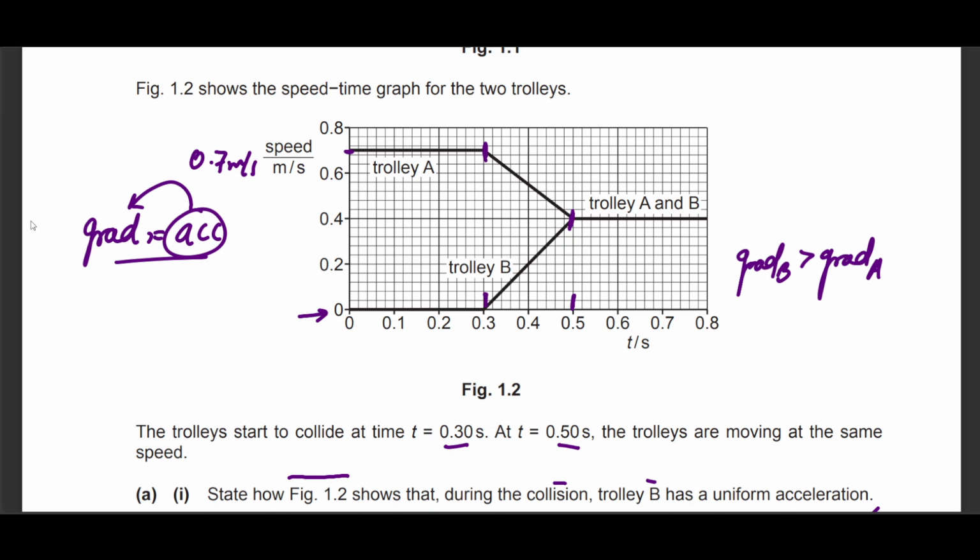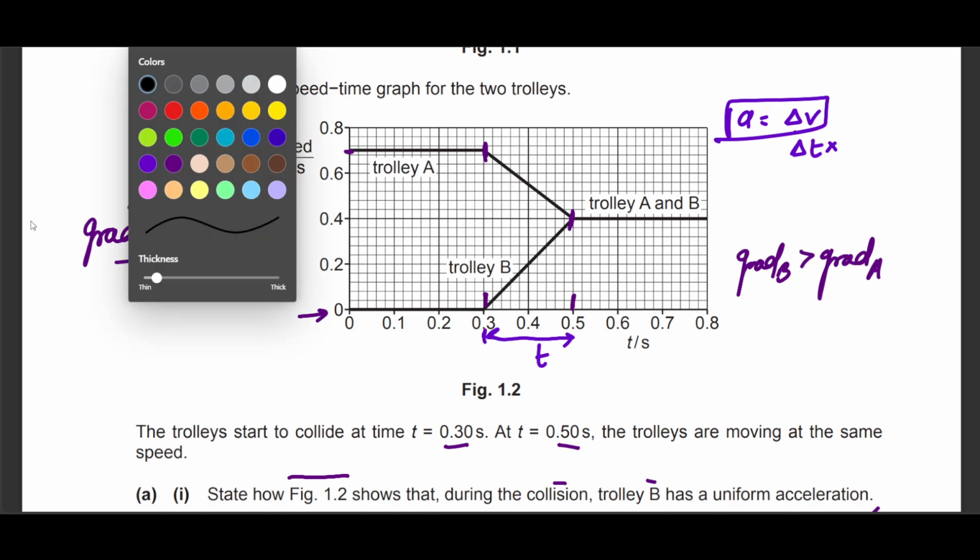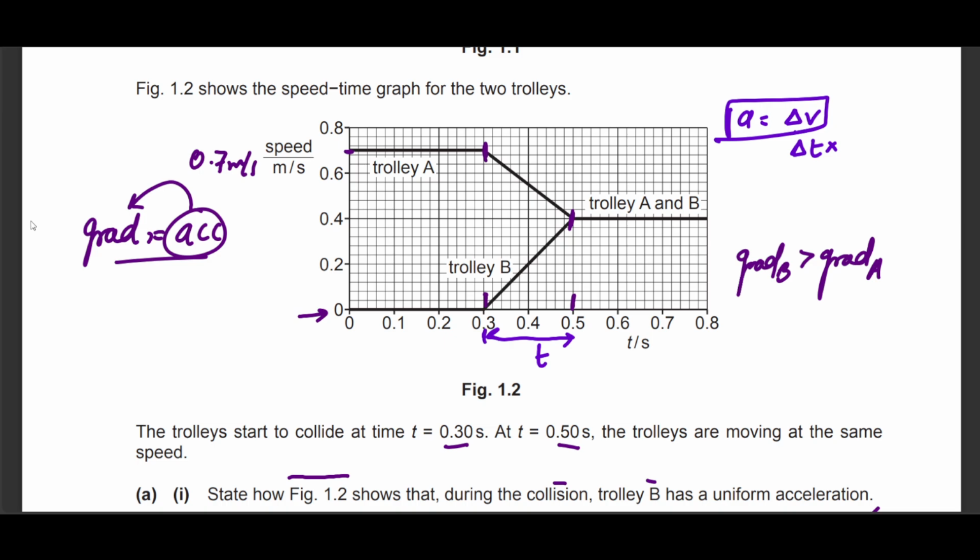You can see that acceleration is dependent on the change in velocity divided by the change in time. The change in time for both trolleys is exactly the same, so this is not part of the discussion. The discussion boils down to acceleration being dependent on the change in velocity. Can we argue in terms of the change in velocity? Yes, we can. Trolley A has a speed of 0.7 and drops to 0.4 at this level, so the change in velocity for trolley A comes down to 0.3 meters per second.